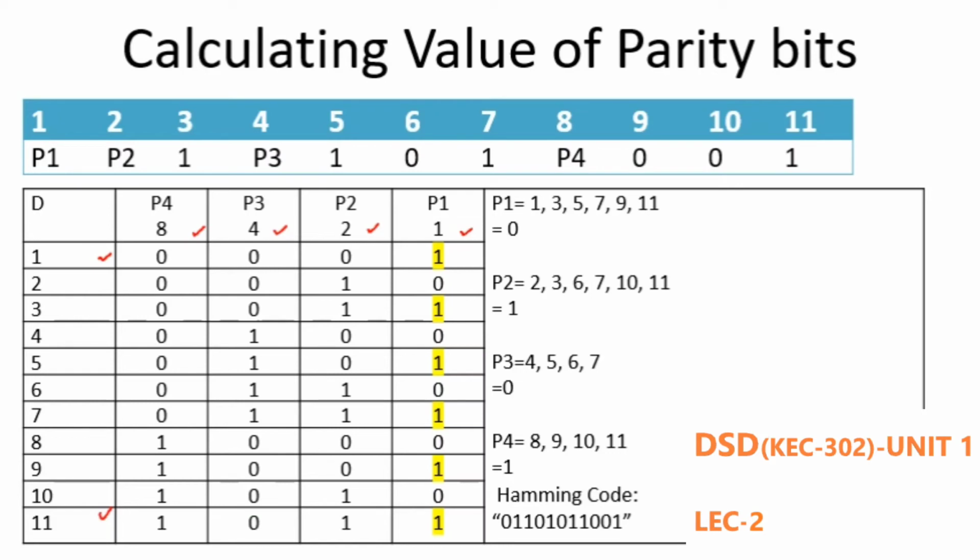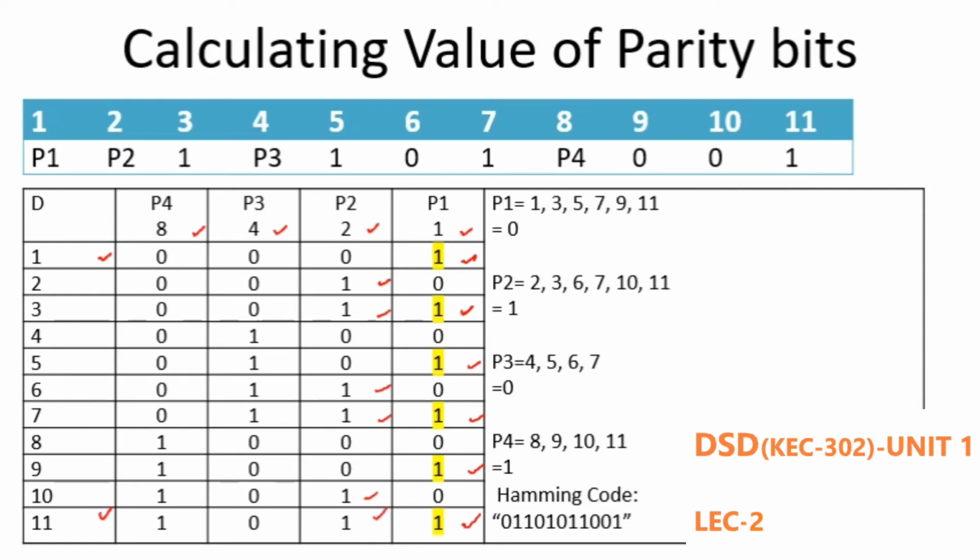So if I check the column for P1, I can see that there are ones at 6 positions: first position, third position, fifth position, seventh position, ninth position, and 11. Similarly for P2, there are ones at 2, 3, 6, 7, 10, and 11.